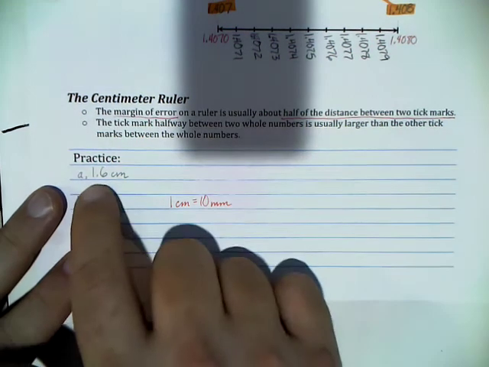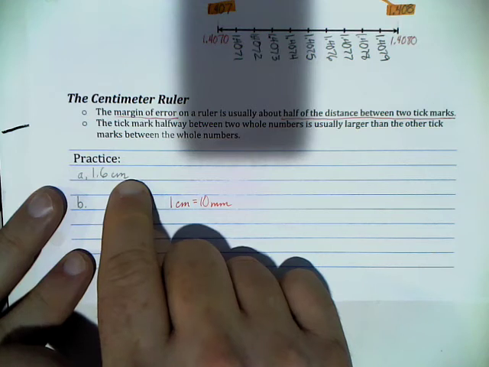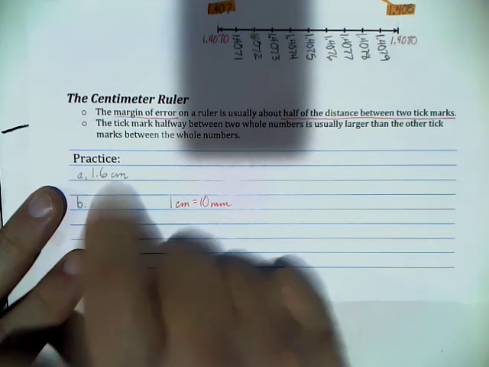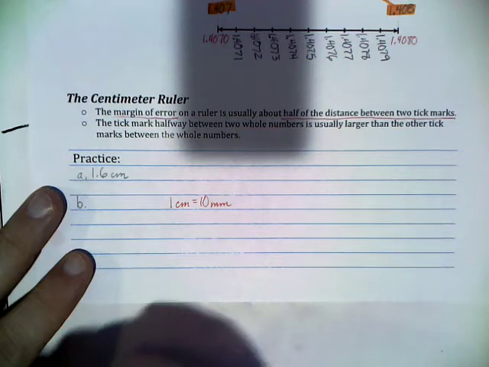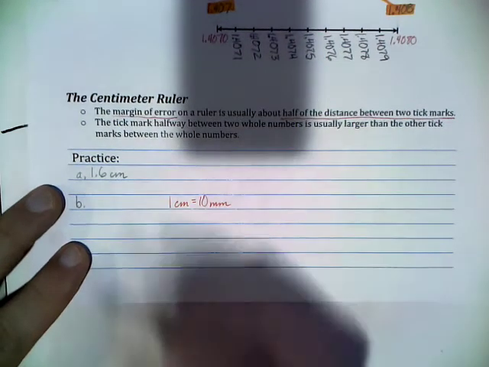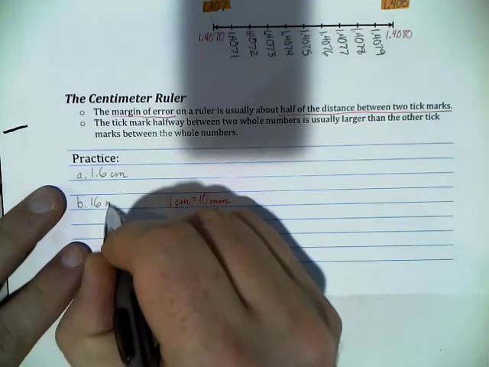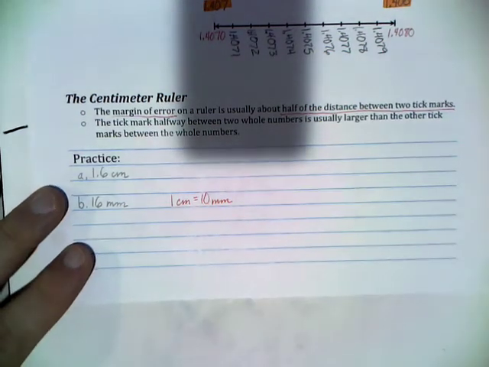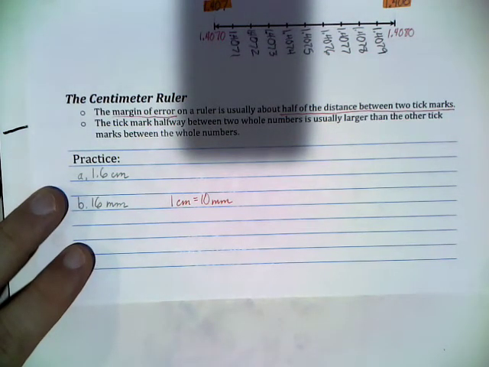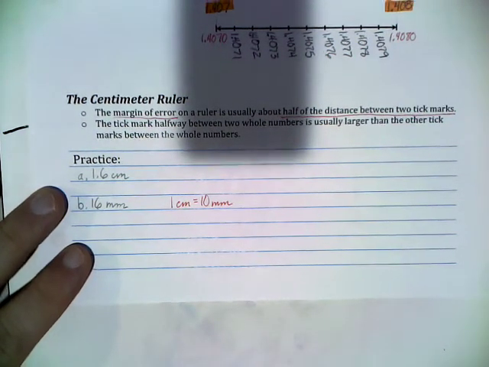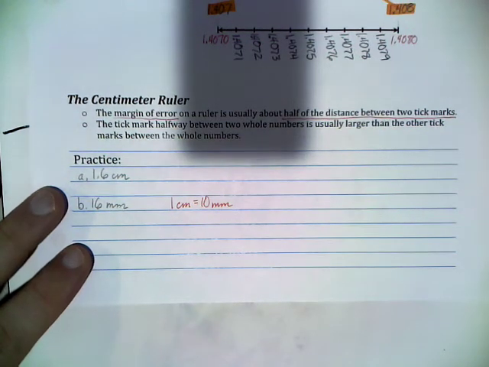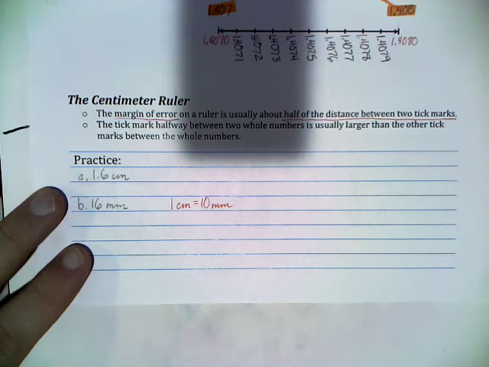So if we have 1.6 centimeters, that's, well, scoot that decimal over once, that's 16 little tick marks. So therefore, it must be 16 millimeters long. If you just count the little tick marks as whole numbers, each whole number would be 10 little tick marks. You've got 16 millimeters.